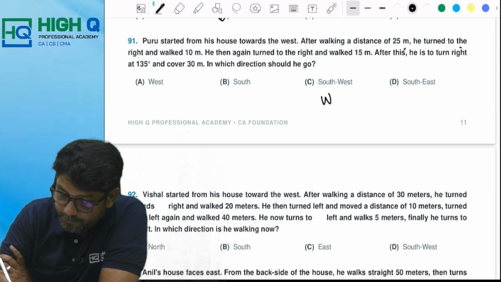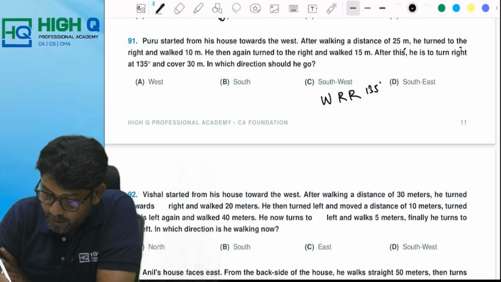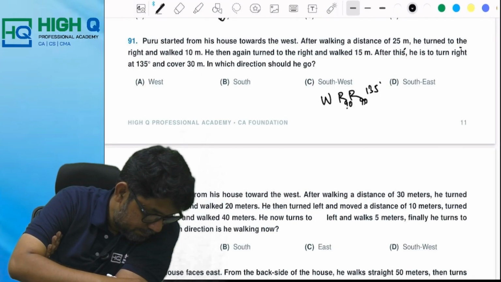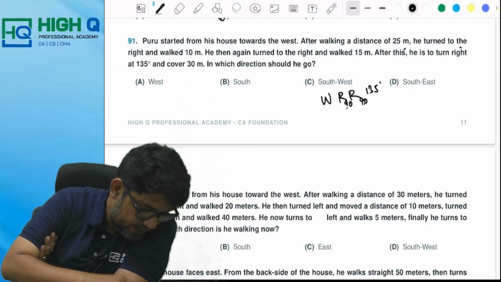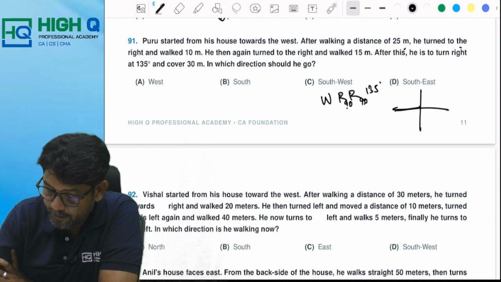Look at this. West. He turned to the right. Next, again right. Then 135 degrees. Now look at this: 90 degree, 90 degree, 180. Okay, 180 plus 135, how much? Just add these two, 315.